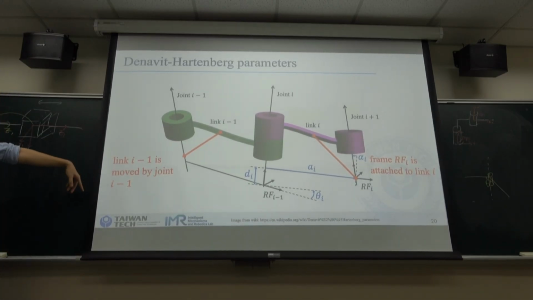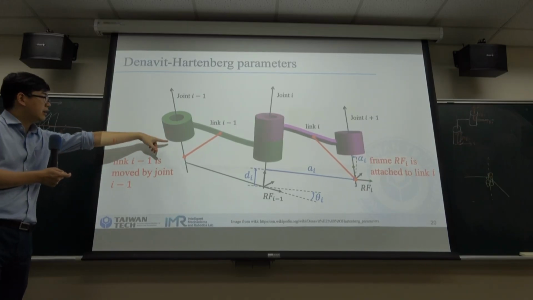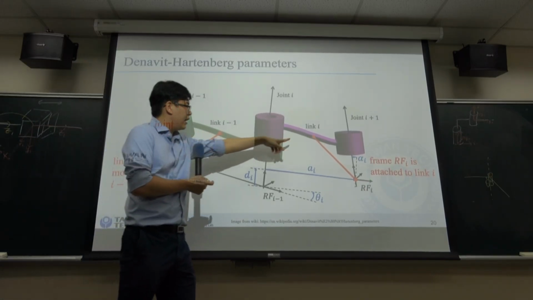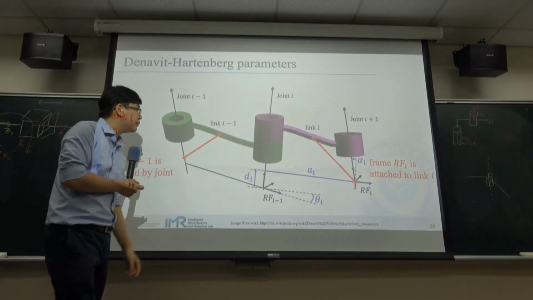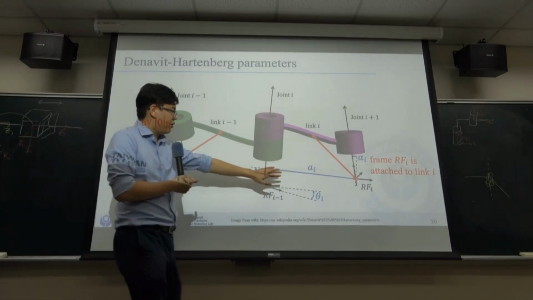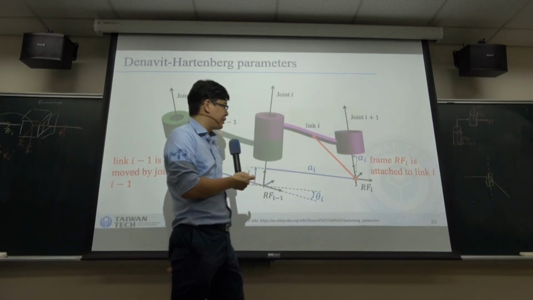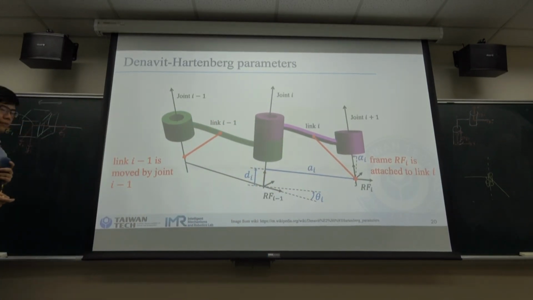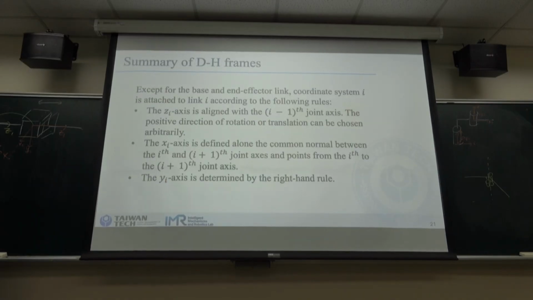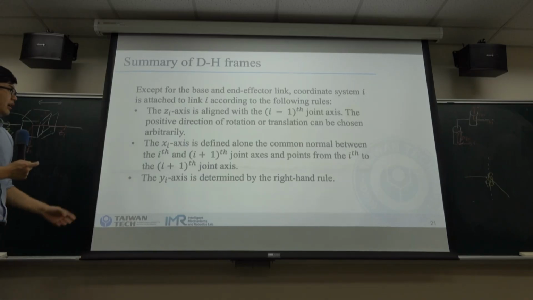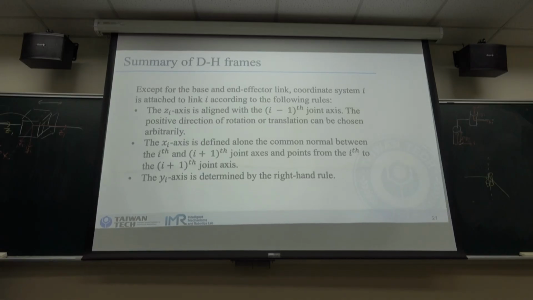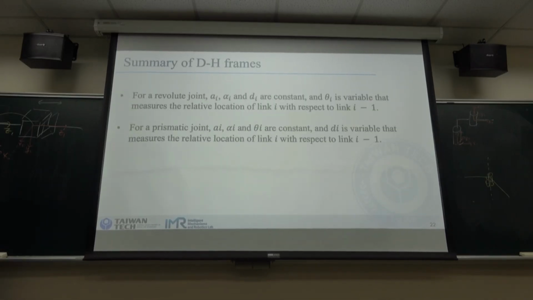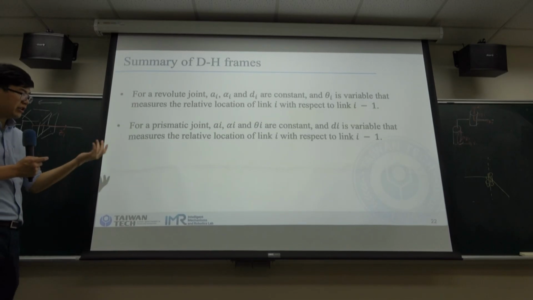So these are the 4 parameters of the DH method. It's from link I-1 to link I, and we measure the joint type. To summarize, I think these are too difficult to read, so we'll just skip it.